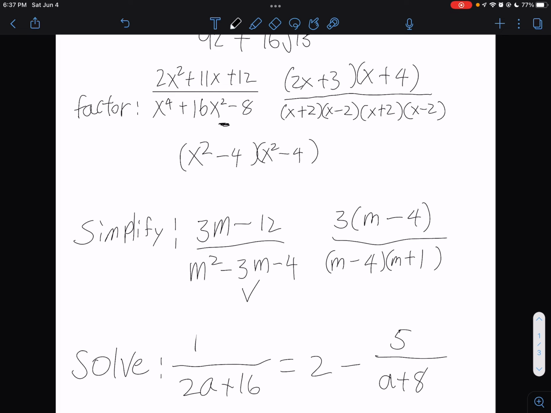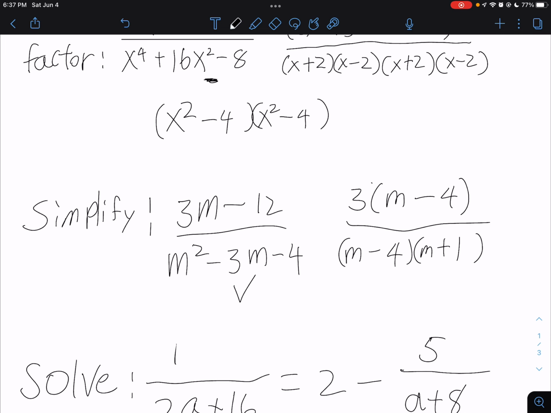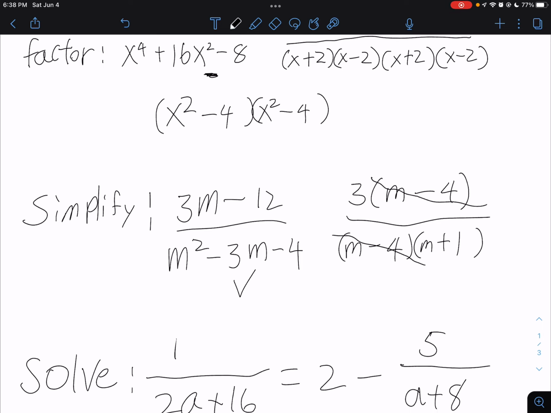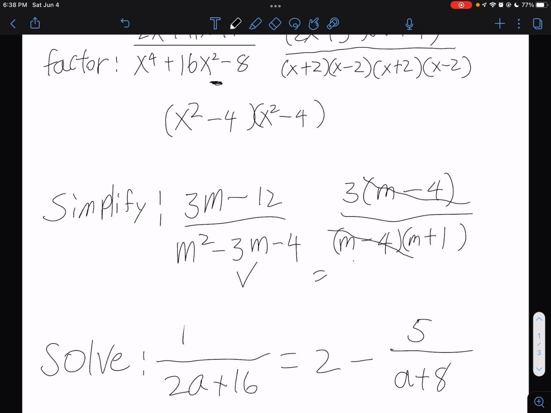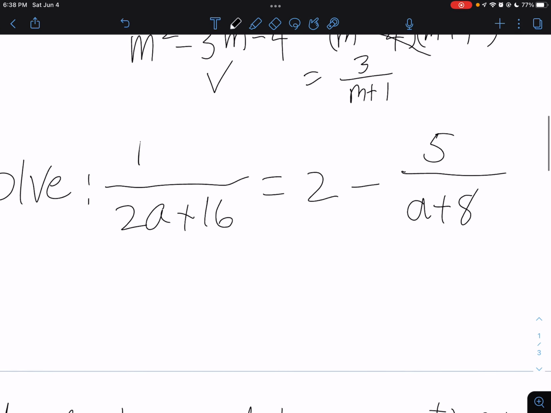Bingo. And looks like we can do some canceling here. Cancel the m minus 4 from the top, and we cancel it from the bottom, and the answer will be 3 over m plus 1. There we go.